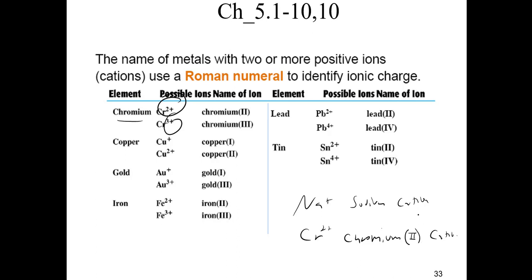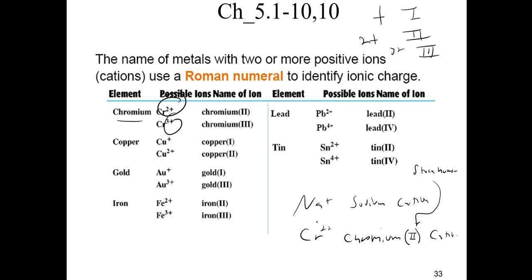We call this a stock number. Now I've seen some examples where they hide the parentheses, but you always need the Roman numeral. So if you have a plus charge, which is a +1, then it'd be Roman numeral 1. If you were to have a 2 plus, then it'd be a Roman numeral 2. 3 plus would be a Roman numeral 3.